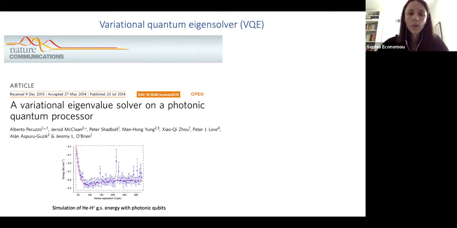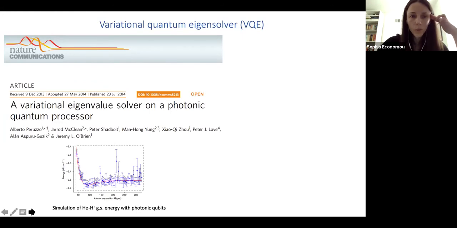So you can never go below the ground state energy, which means that by changing either or both the form of the variational ansatz and the parameters, you can hopefully go close to the ground state and find that energy, which is the goal you had.